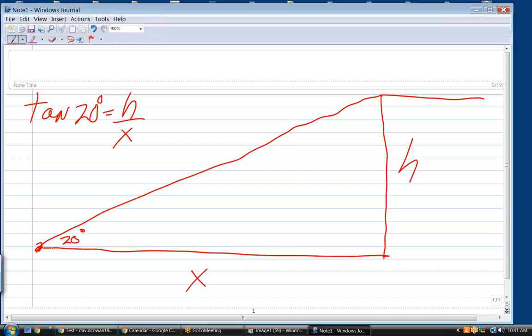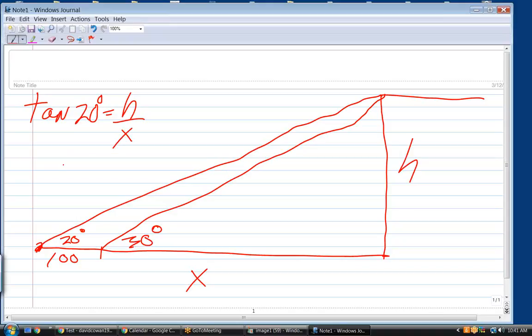But if I go in 100 feet and take another reading, and this angle ends up being 30 degrees, now that allows me to write a second equation involving h and x.